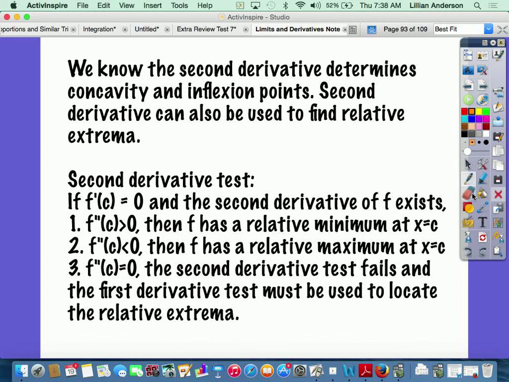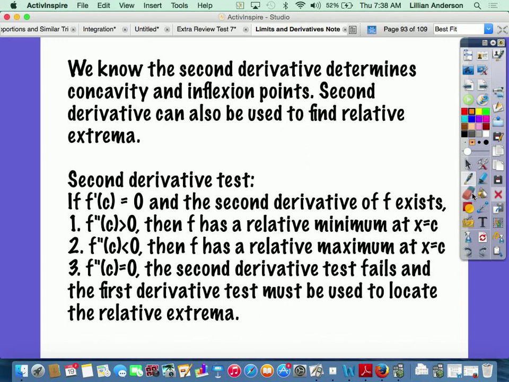Now, you have seen how we use the second derivative to determine concavity and inflection points for the graph of a function. Well, the second derivative can also be used to find extrema, and this is called your second derivative test, which says that if the derivative at a particular point is equal to 0, and if a second derivative exists, then there are three possible conditions that could happen.